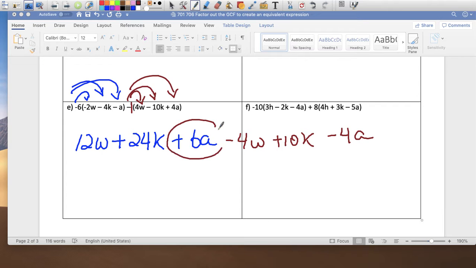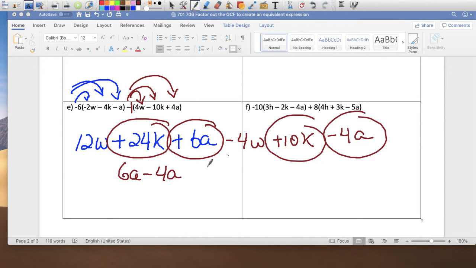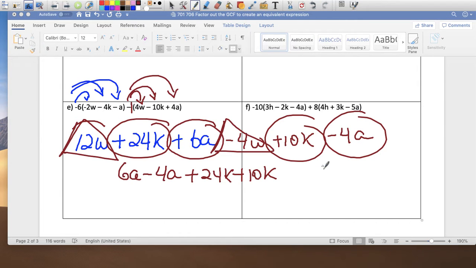Like terms, so let's do the 6A with negative 4A. 6A minus 4A. The K's, 24K and 10K. And these two, plus 12W minus 4W. So I get, well, this becomes 2A. This becomes 34K plus, by the way.